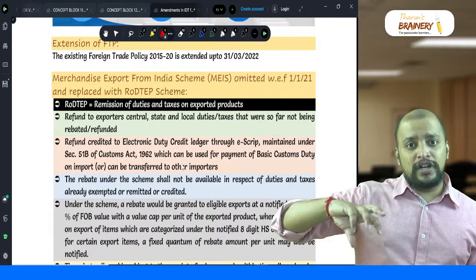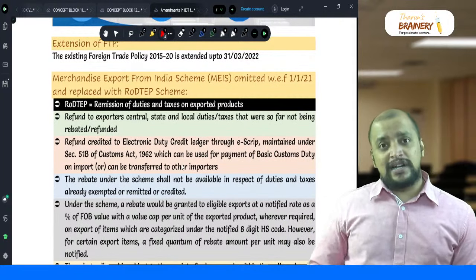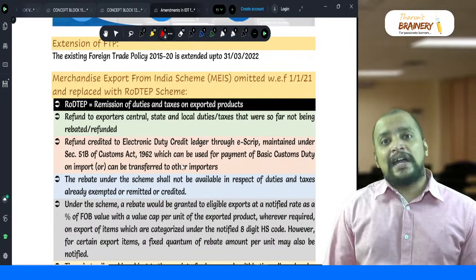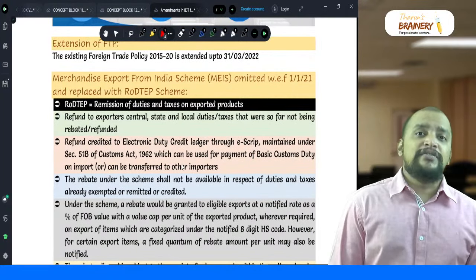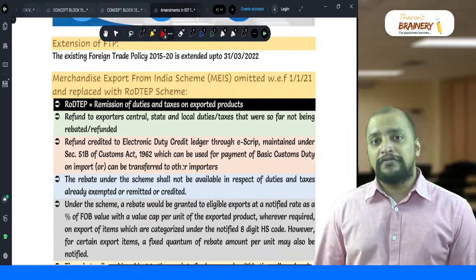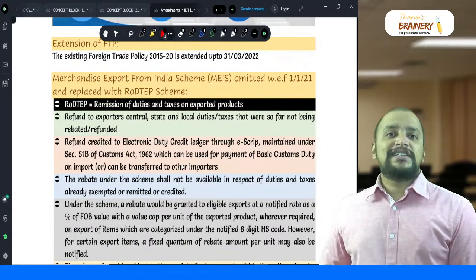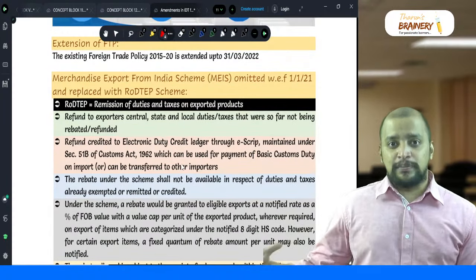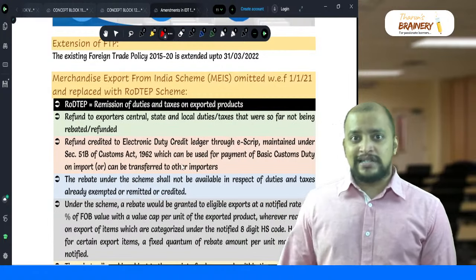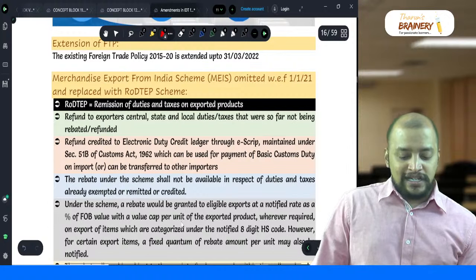Okay, so it is not in compliance with WTO guidelines. Due to that reason, the US filed a case, and in that case the US won and we lost. So the government asked the WTO to give time to review, and accordingly they reviewed and omitted MEIS, and in that place they added RODTEP, rebate of duties and taxes with respect to local supplies.